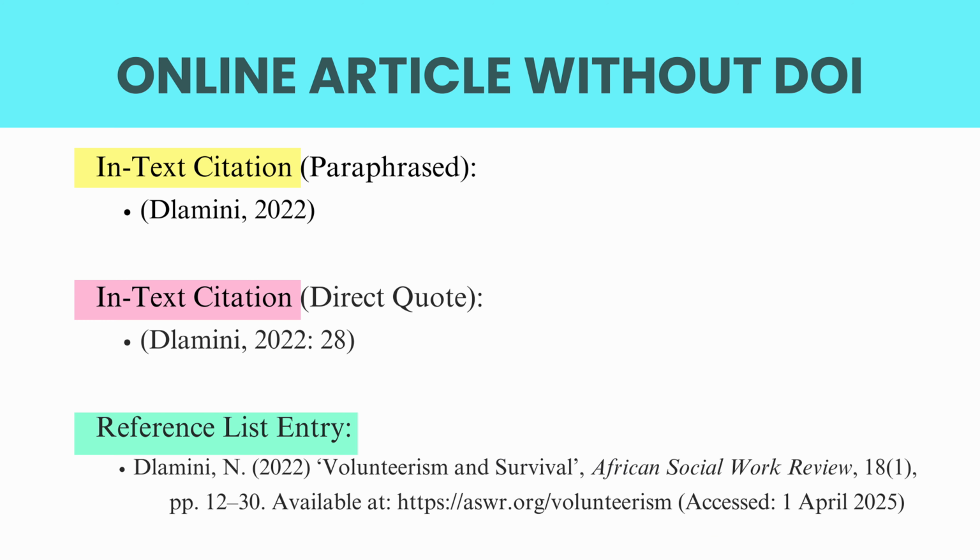And then you add "available at", colon. The "available at" always goes with the colon. The punctuation is colon. So "available at", colon, the URL, which now replaces the DOI.